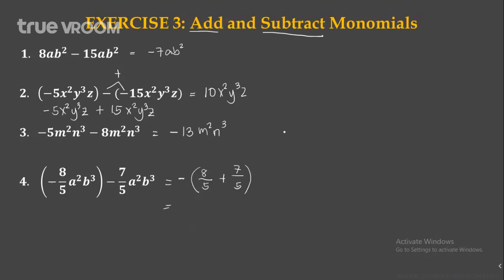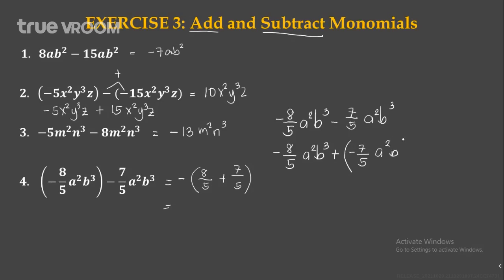Okay, I will show you again. If it is negative 8 over 5 a squared b cubed minus 7 over 5 a squared b cubed, we are going to change minus to plus. Negative 8 over 5 a squared b cubed, minus will become plus, and then positive 7 over 5 will become negative 7 over 5 a squared b cubed.